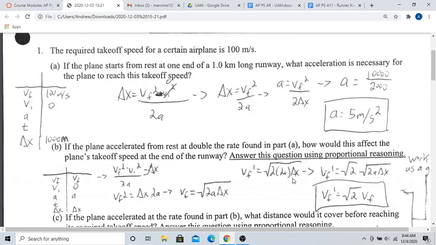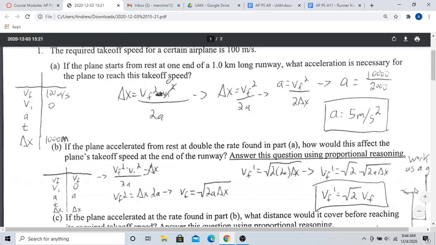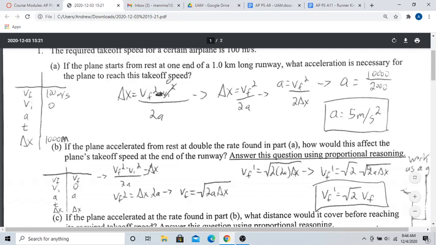I pull out the square root of 2, because if I leave everything else under that other radical, the square root of 2a delta x, you'll notice this is familiar. We've written this before. This is actually the formula for the original final velocity, how we calculated it.